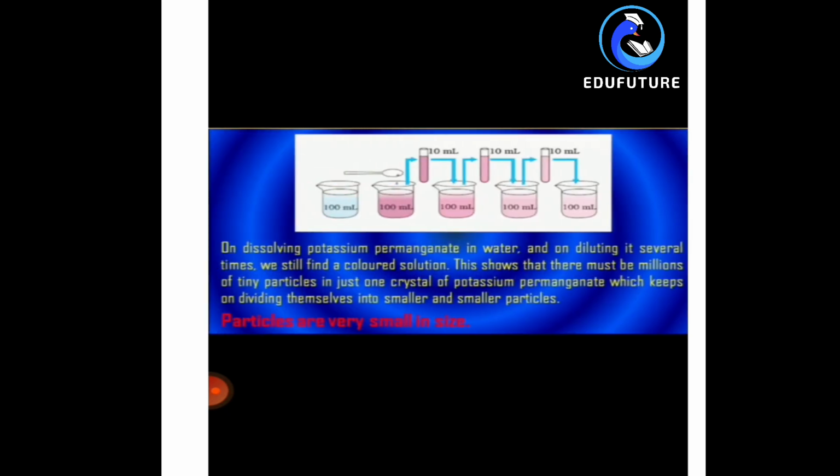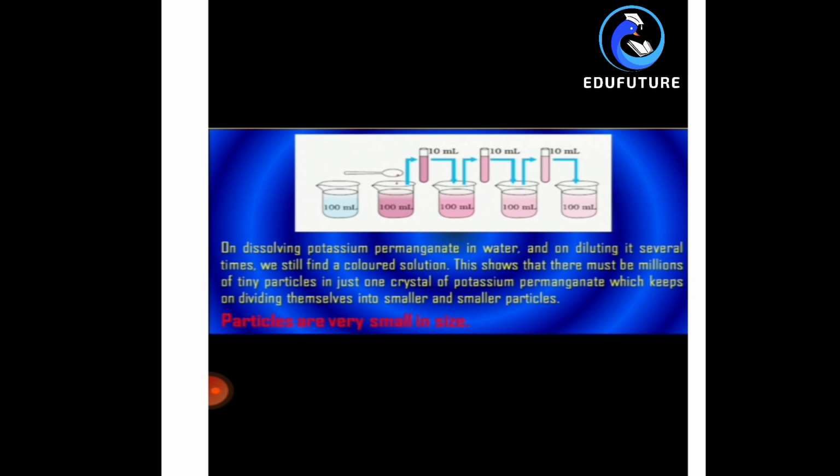Now let us do one very interesting activity. And how to go about it? On dissolving potassium permanganate in water, and if you dilute it in a glass of water, what will you observe? You will see a very beautiful color inside the water. That is a solution of potassium permanganate. Now, what will you do? You will take a portion of that potassium permanganate solution into another glass of water.